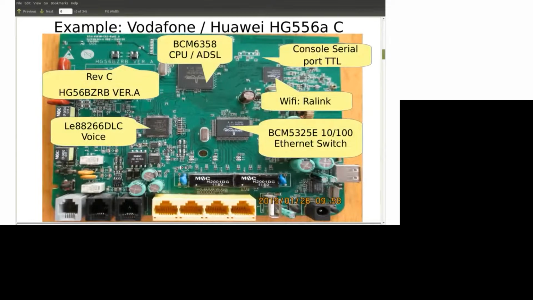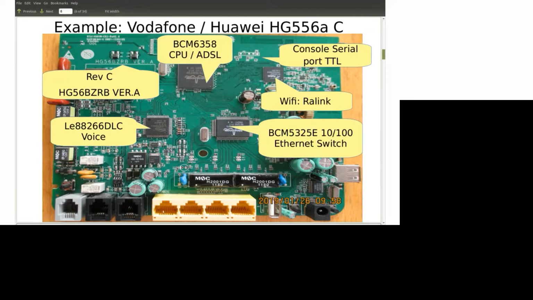If we pull open the modem, this is a bit of a look at the hardware inside. You've got the main CPU here. I'm not using this at all, but there's voice for if you were using the telephone sockets and things.